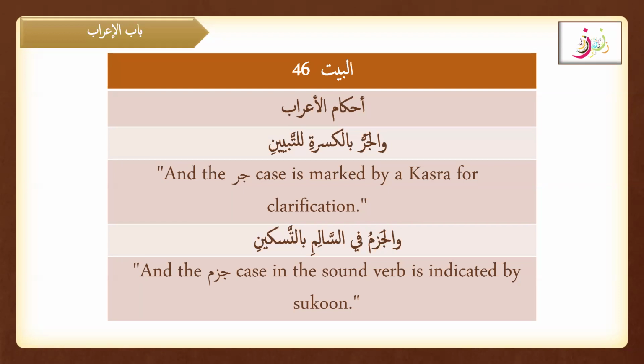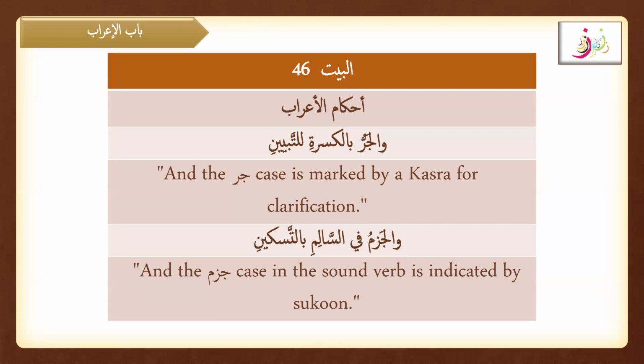Here, with sound verbs, we have already covered those which end with the huruf illa. He's not talking about the words which end with the huruf illa, like yamshi, which becomes lam yamshi, where the huruf illa is dropped and we put a sukoon.